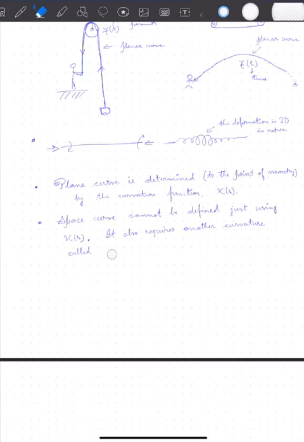So this torsion is the new addition to the problem.